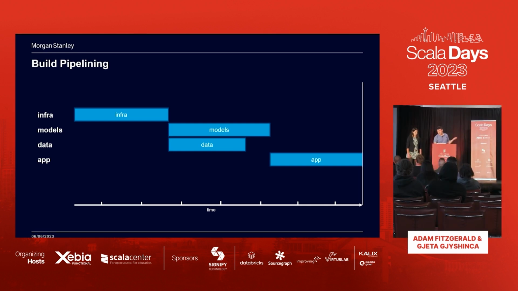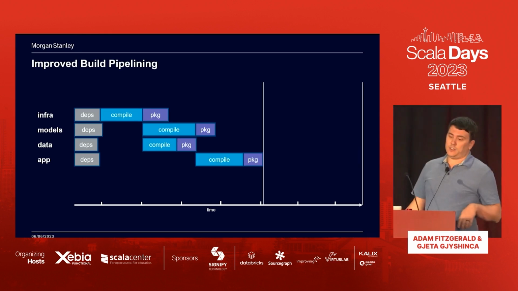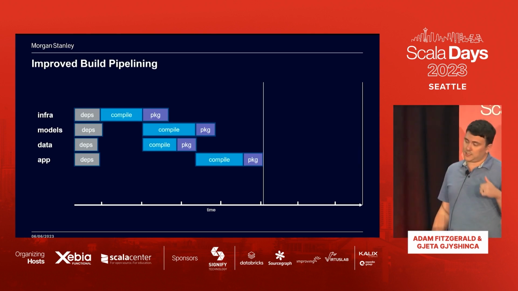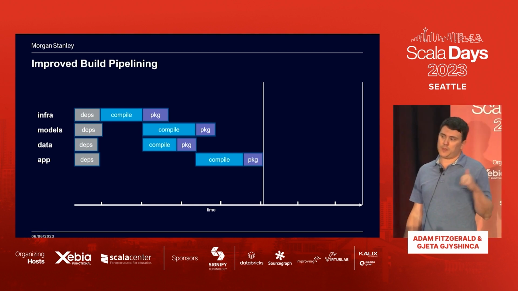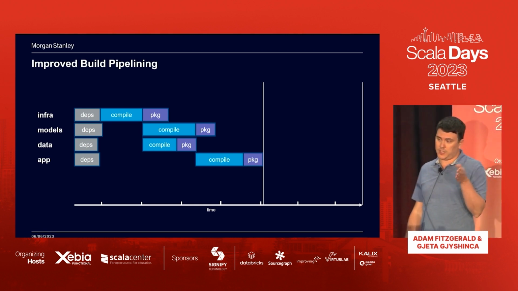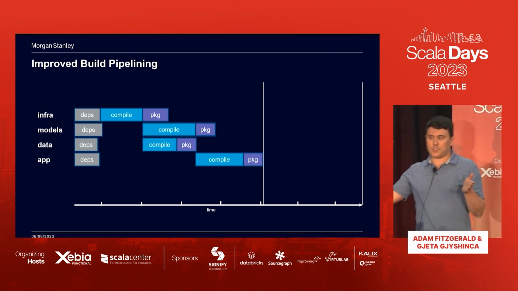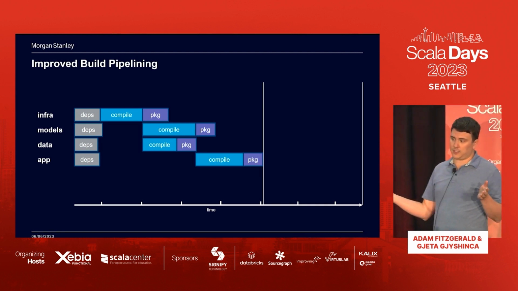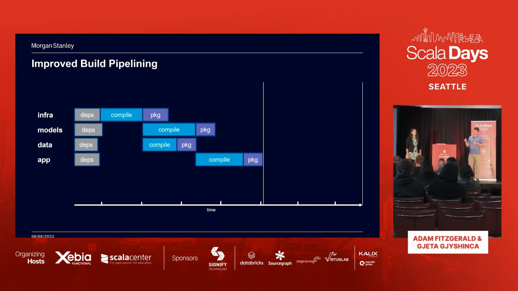For example, we could resolve the dependencies up front, then do the compilation to produce class files, and then package those class files. The critical path here is still the compilation of the source files, because that's where the dependency exists. But splitting it has shortened the critical path and increased the degree of concurrency.